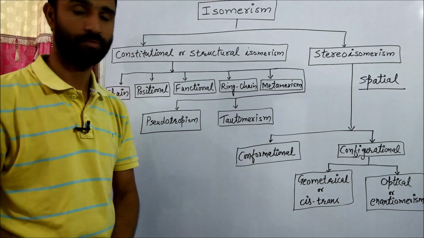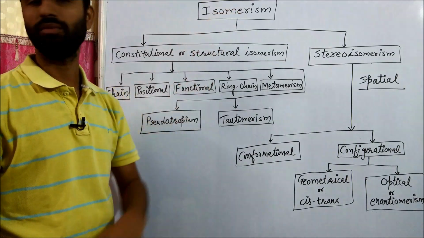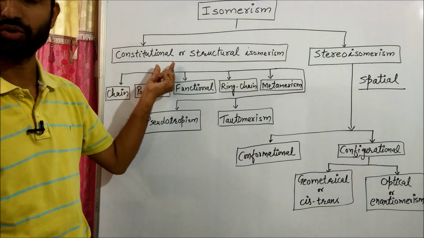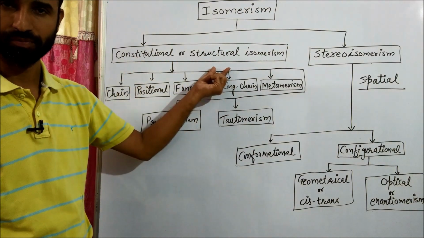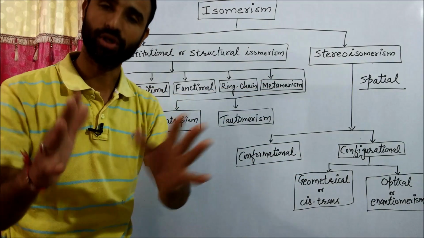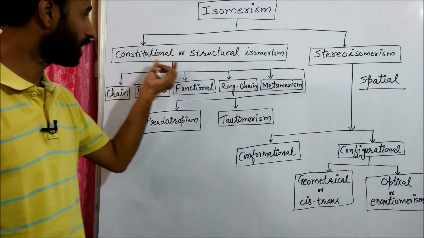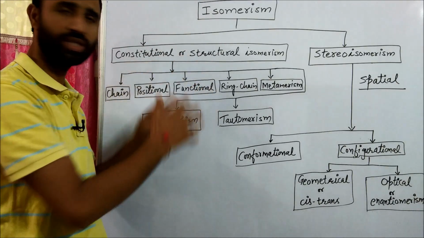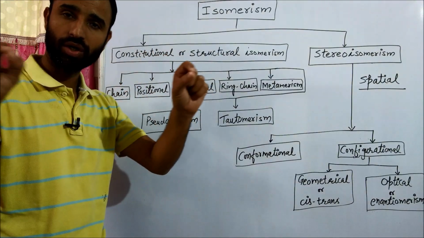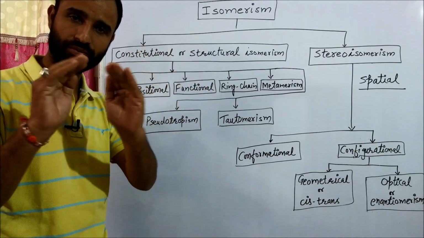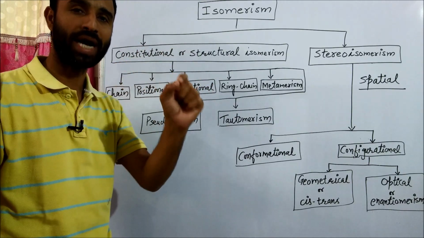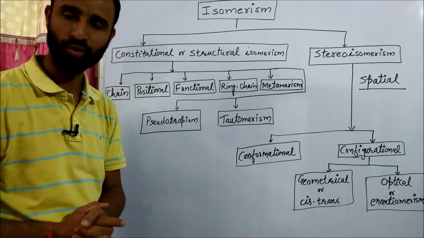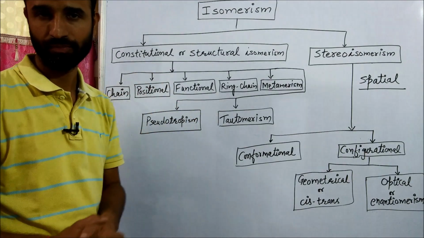as isomerism. Now, isomerism is further classified as constitutional or structural isomerism, or stereoisomerism. Now, structural or constitutional isomerism, as the name suggests, means it has different connectivity, different kinds of atoms, different types of groups attached to each other.